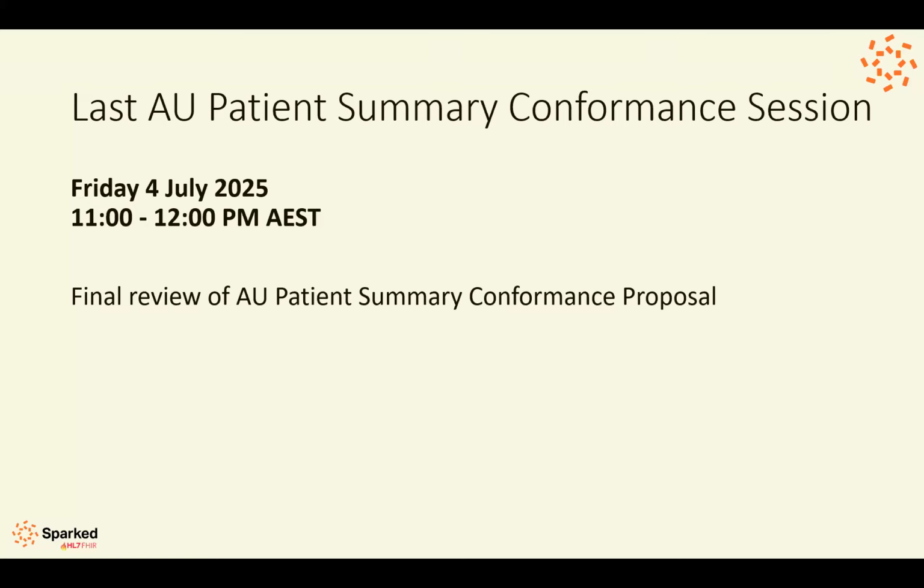So I'm going to put out an initial one because we haven't had enough time to go through some of the things today, so that we can get any feedback that people really want to incorporate before it is shown at the Friday call to the AU Patient Summary FHIR IG call. That'll be the first bit where we start to walk through the conformance profile and get initial feedback.